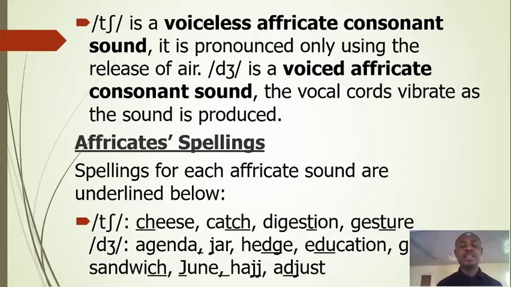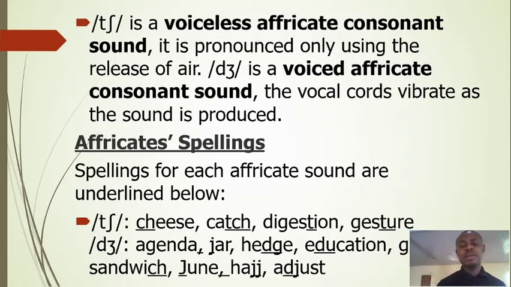Okay, and then you have CH as in sandwich, or even the word spinach, S-P-I-N-A-C-H. Although you can also pronounce it another way, go to your dictionary to find out all this I'm giving us.